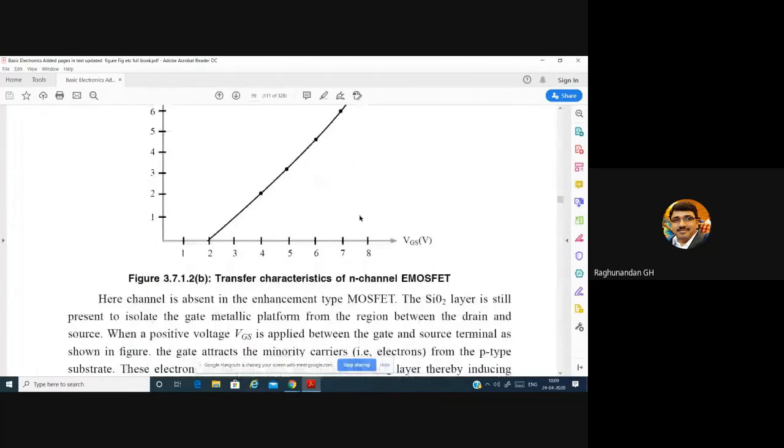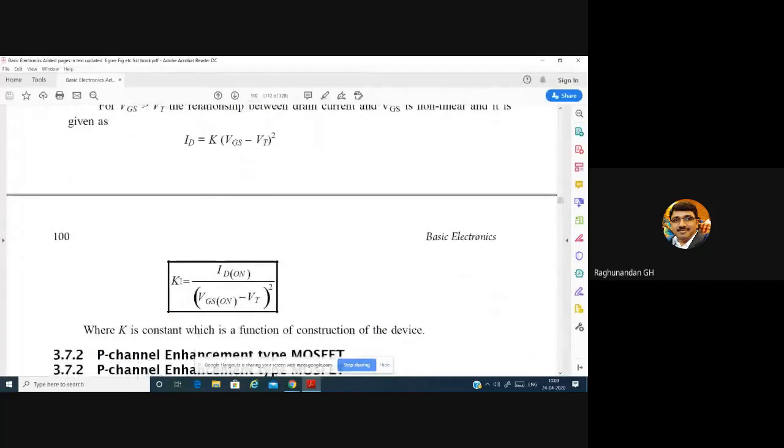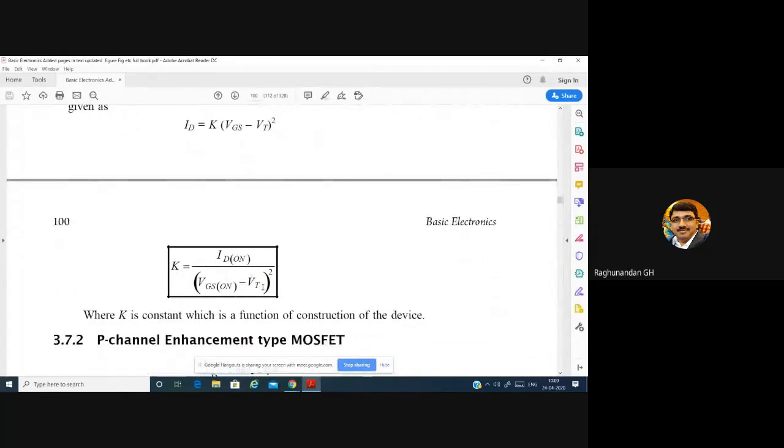Current starts increasing. So ID is equal to K into (VGS minus VT), where K is a constant, which is a function of the construction of the device. These parameters will be given by the manufacturer only.